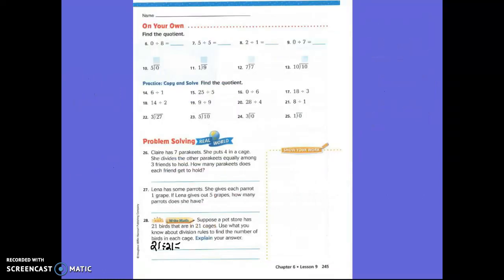And let's explain that. One bird in each cage. Okay, and we're going to write because. One bird in each cage because rule B says any number.